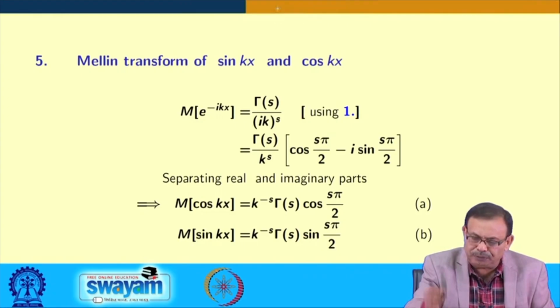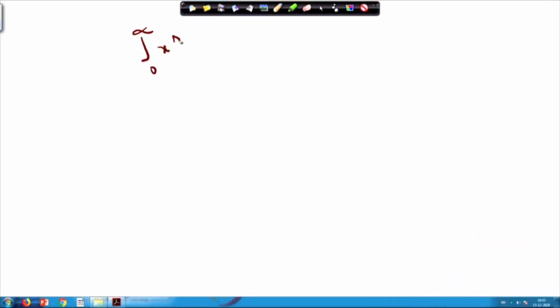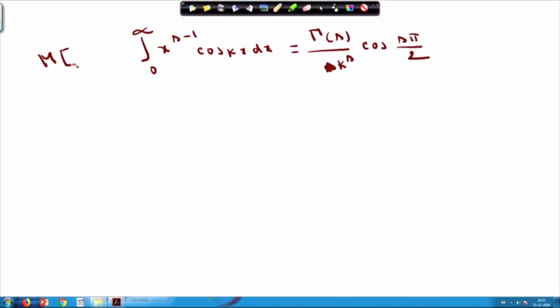To do this, integral 0 to infinity x to the power s minus 1 cos kx dx is nothing but, we know it, the Mellin transform of cos kx, whose value we have just now evaluated, gamma s by k to the power s into cos of s pi by 2. This is already evaluated. This is nothing but the Mellin transform of cos kx. Already we have done it.